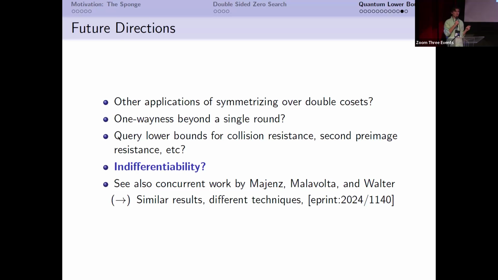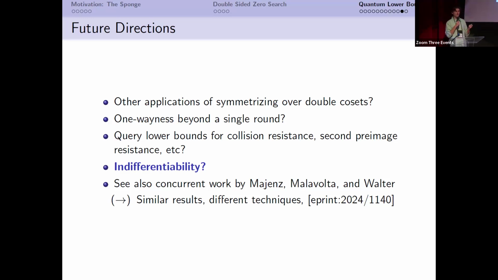Going forward, we're interested in whether this idea of symmetrizing over double cosets is useful for other things. One place to look is all of the other sponge properties that we're interested in. One-wayness for many rounds. We could ask about collisions.